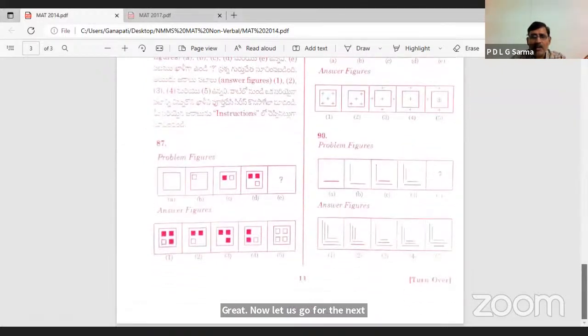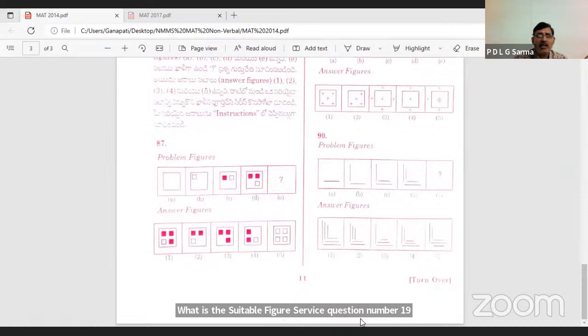Now see the next one. What is the suitable figure for this? Question number 90. Here again, what is the logic in this? Did you observe?